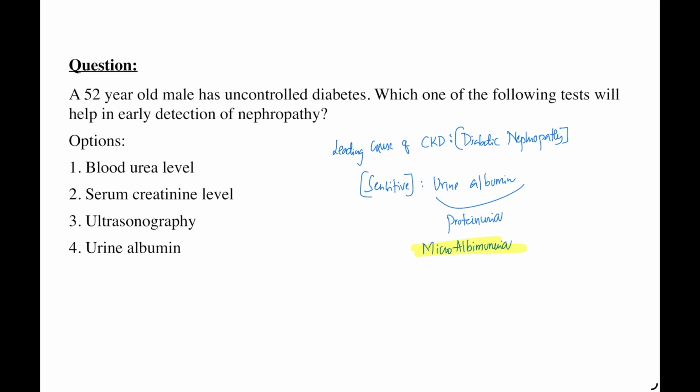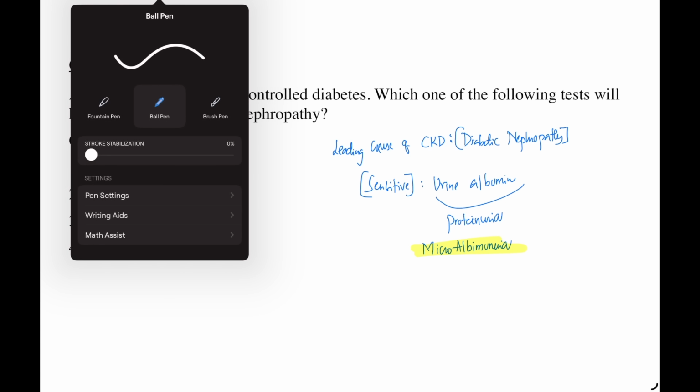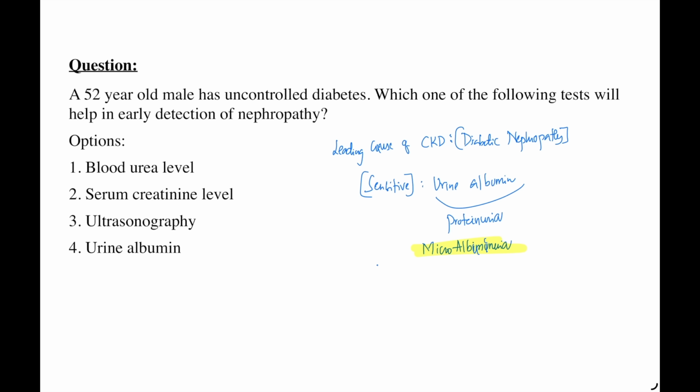So the correct answer for this particular question is urine albumin, the first thing that we see.